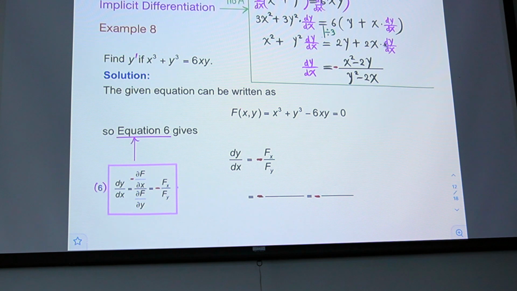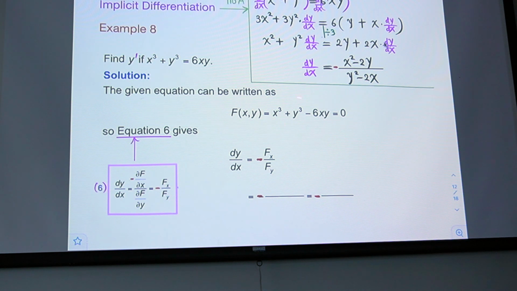Then you can define this capital F as a function of x and y, equal to this, and that will be equal to 0. You can think about that as the z component equals 0.